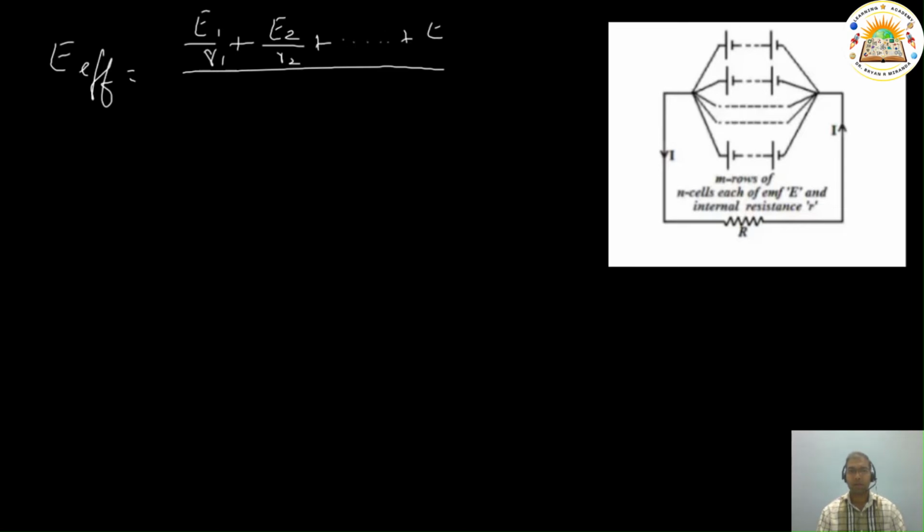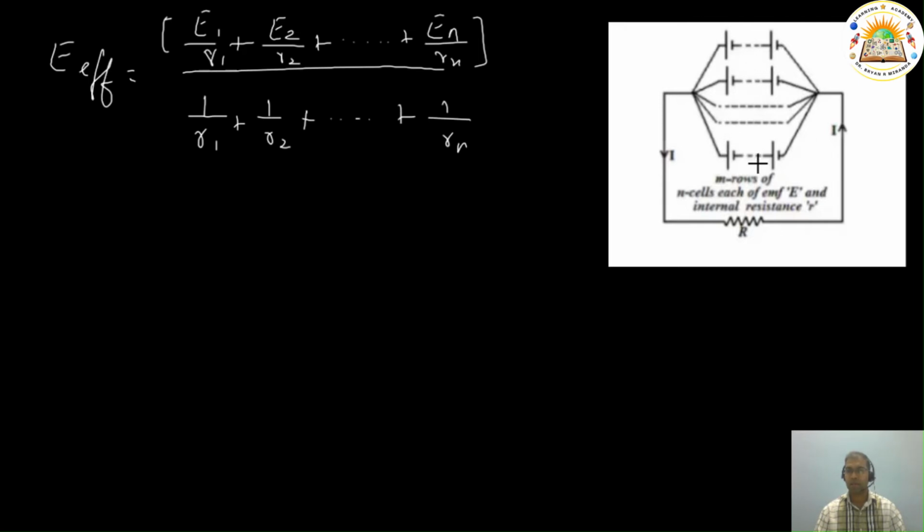The effective EMF, E effective, is equal to E1 by R1 plus E2 by R2 plus etc. up till En by Rn, whole divided by 1 by R1 plus 1 by R2 plus etc. plus 1 by Rn.